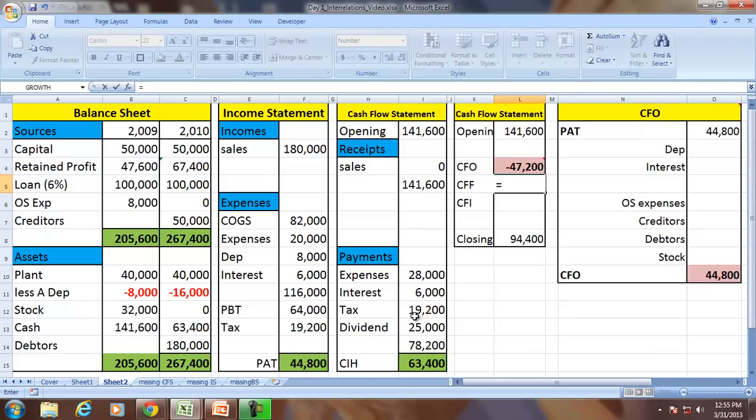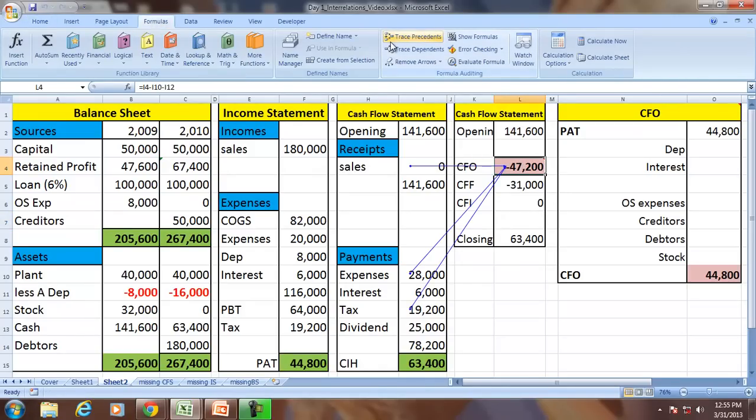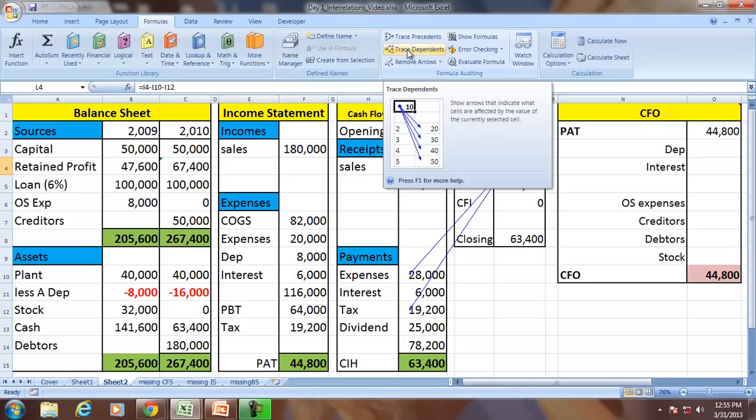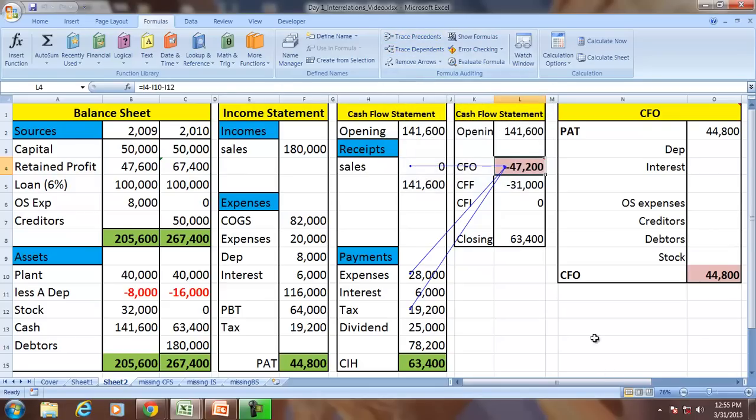CFF, there is no cash inflow, but there is a cash outflow of interest and the dividend. CFI, there are no cash inflows or cash outflows. So in this question, the CFO is minus 47,200, negative CFO and negative CFF, and no CFI.